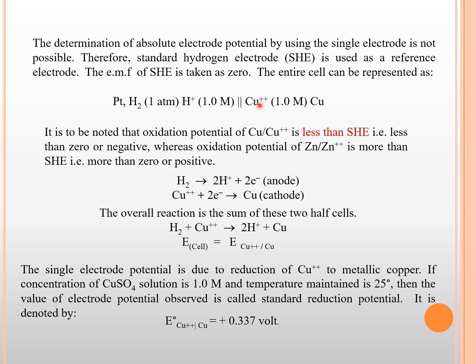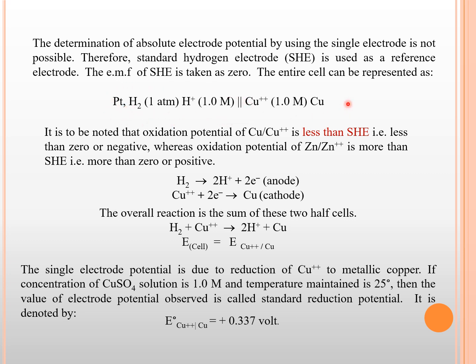The entire cell can be represented as follows. This is the standard hydrogen electrode, that is a platinum electrode in contact with hydrogen gas at 1 atmospheric pressure and in equilibrium with hydrogen ions maintained at 1.0 molar concentration. So the left hand side represents the constitution of the standard hydrogen electrode.